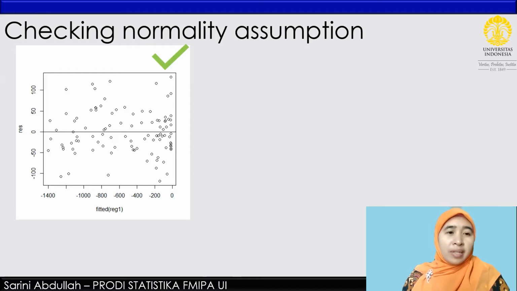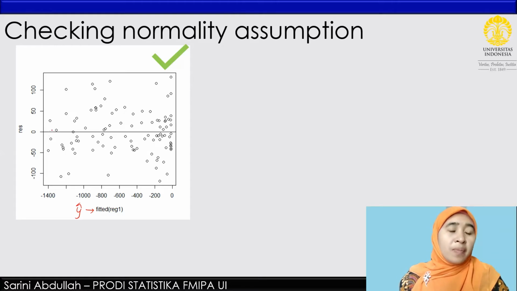One way of doing that is by plotting, again, the value of the y cap, that is here the fitted regression, and the value of the residuals. What we expect from the residuals is that they should be concentrated around 0, because we want our model to be accurate, then the error should be 0, right?